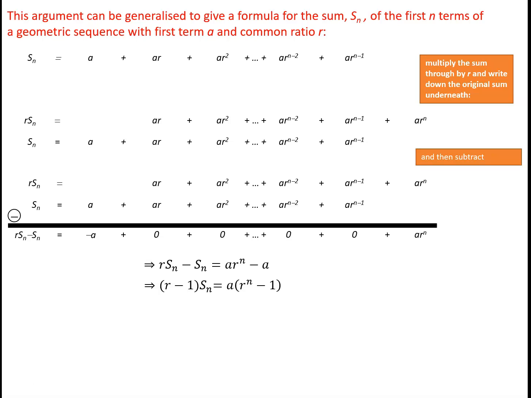In other words, Sn must be equal to a times r to the n minus 1 divided by r minus 1. So that is our general formula for the sum of a geometric progression where we're adding n terms and the geometric progression has a common ratio of r and a first term of a.